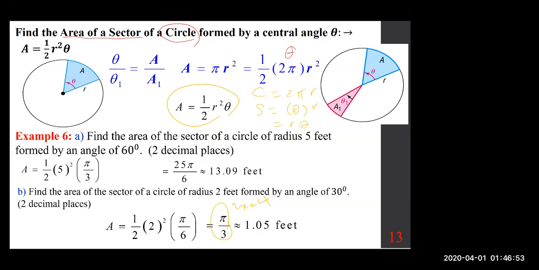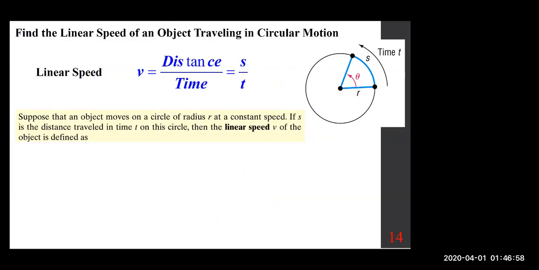So distance divided by time, in which case linear speed is total distance over total time. If you're going around a circle, the distance would be the amount of arc length you're going to cover, which is s, divided by the amount of time, which is t. This is known as linear speed. Linear speed, everybody.